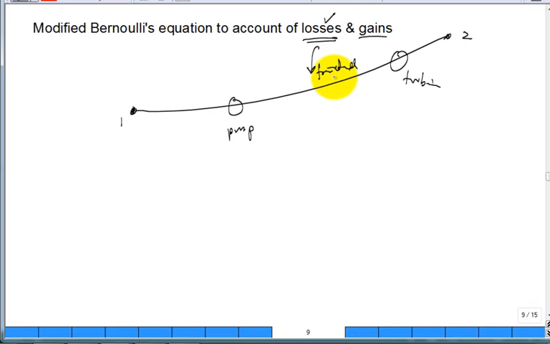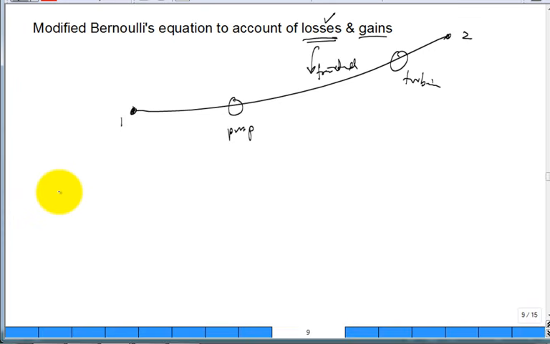So how do we modify Bernoulli's equation? Well, we write it. What's your favorite form? Do you have a favorite form already? P, energy per unit volume. Cap H, energy per unit mass. Lowercase h, energy per unit weight. Which form do you like? First, second, or third? All right. We have a split, so we'll just pick third.